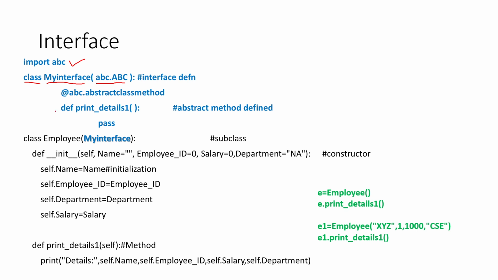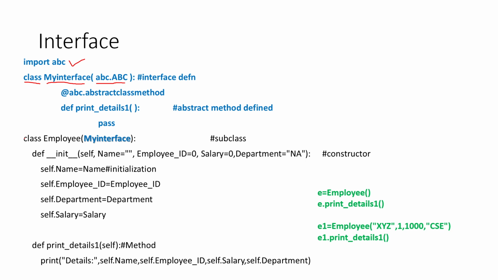In that, one abstract method is used. That abstract method is print_details. Whichever class implements this interface has to give the implementation for this particular method. Otherwise, it gives an error.